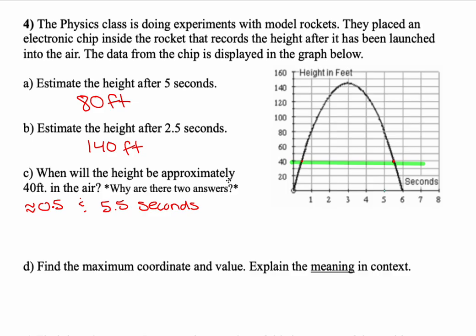So why are there two answers? Well, again, this goes back to context. We are using a model rocket. So a rocket will go up, come to its maximum, but then it will come back down. So it started on the ground and it went up and hit the 40 feet at a half a second, and it kept going up and up and up, and then it comes back down, and then it has to come back through the 40 feet to get back down to the ground.